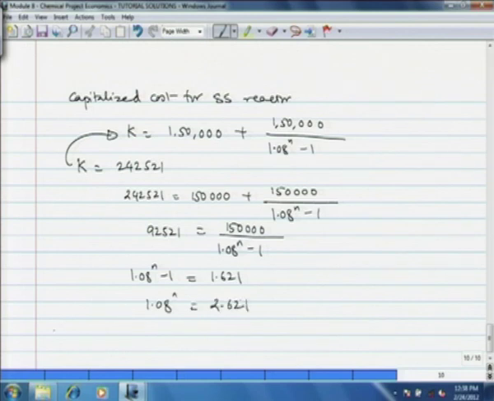now we take log on both sides. And this gives n equal to 12.52.